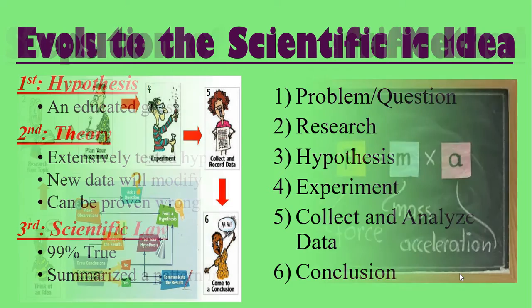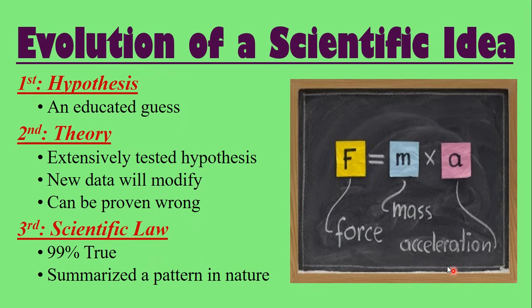Now, I said a hypothesis, but let's talk about the evolution of a scientific idea. If you don't know, evolution just means change over time. A scientific idea first starts off as a hypothesis. It's an educated guess. You have to say this is what's going to happen, but you have the education from the research. The second thing is the theory.